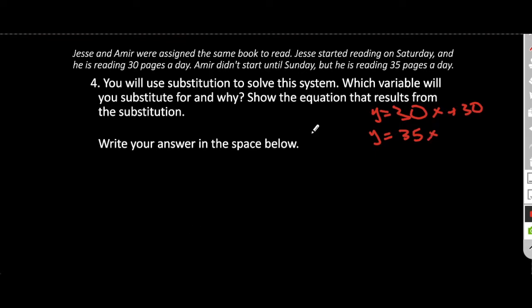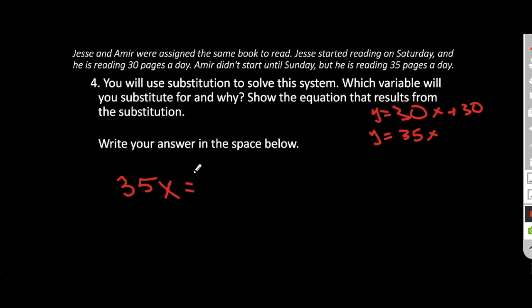All right, so it says which variable will we substitute for and why. Substituting for x means we're going to have to try to move this 30x to the side with the y and move the y back over here, and it's just going to be pretty complicated. But since y is equal to 30x plus 30, and then y is also equal to 35x, we can set these equal. We can substitute 35x for y.